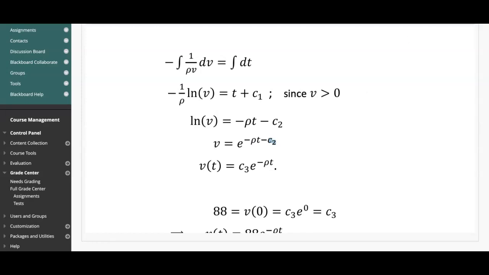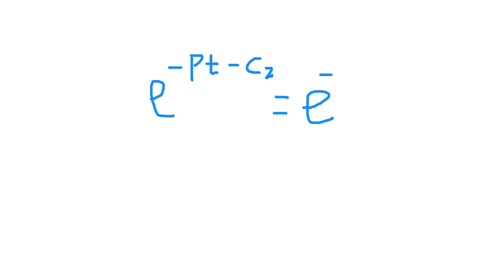Okay, all right. Let's go to the whiteboard. If you have e to the power, can you tell me what this means? What does e to the power mean to you?